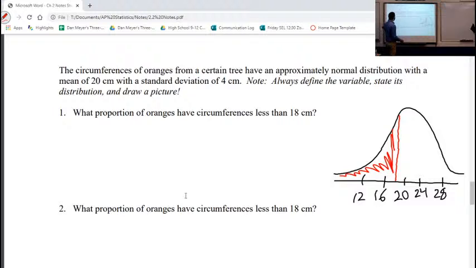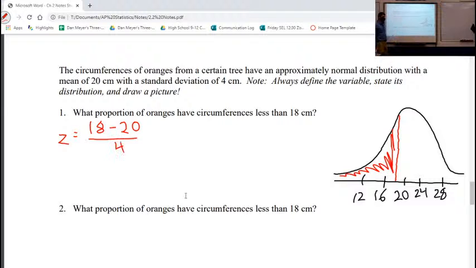But let's think about how we're going to get this. So we have our z-score is 18 minus the mean, which is 20, over our standard deviation, which is 4.